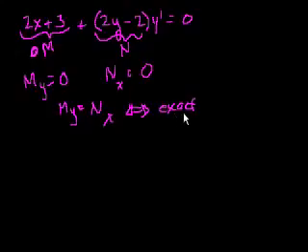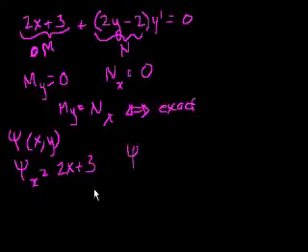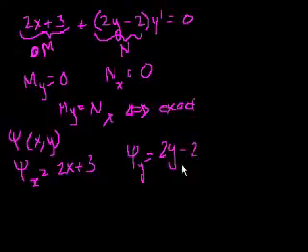So knowing that it's exact tells us that there's some function xi, where xi is a function of x and y, where the partial of xi with respect to x is equal to 2x plus 3, and the partial of xi with respect to y is equal to 2y minus 2.